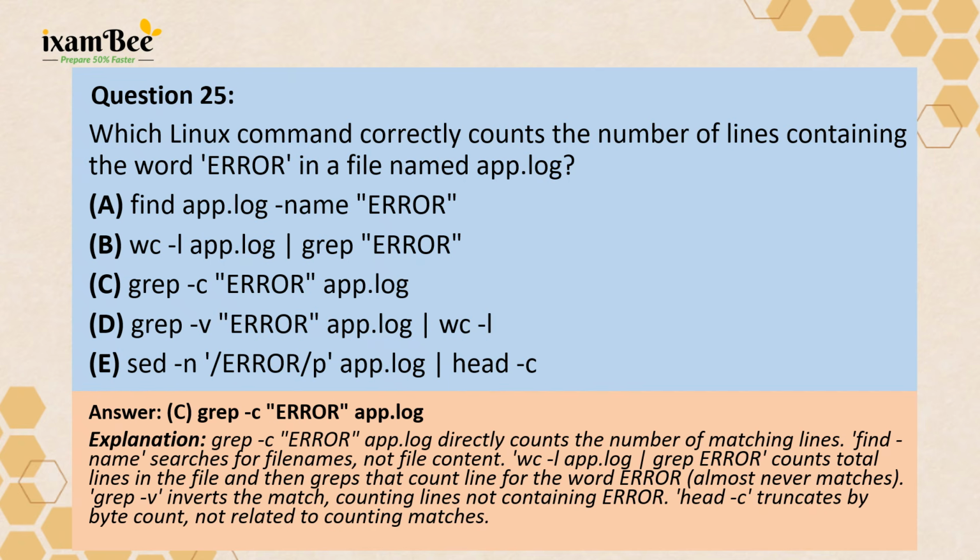So that's not even operating on the right thing. wc -l app.log | grep error first counts the total number of lines in the file, producing a single number, and then searches that single line of output for the word error, which will essentially never match anything meaningful. grep -v inverts the match, counting lines that do not contain error, which is the opposite of what we want, and head -c truncates output by byte count, which has nothing to do with counting matches at all. So the correct command here is option C.